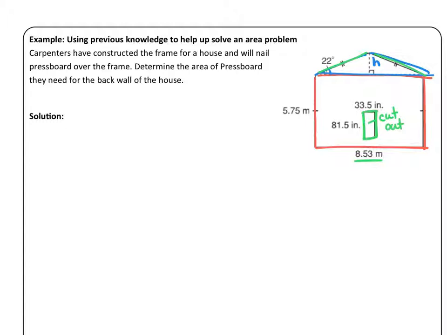Now, the other thing to note is that in this example they've given us meters for these, but they've given us inches here. So let's do step 1, smaller pieces.